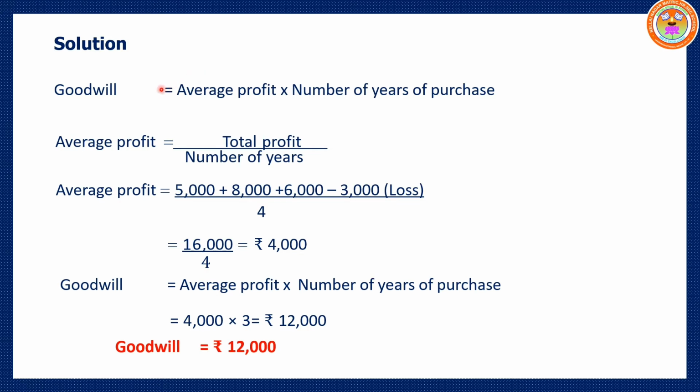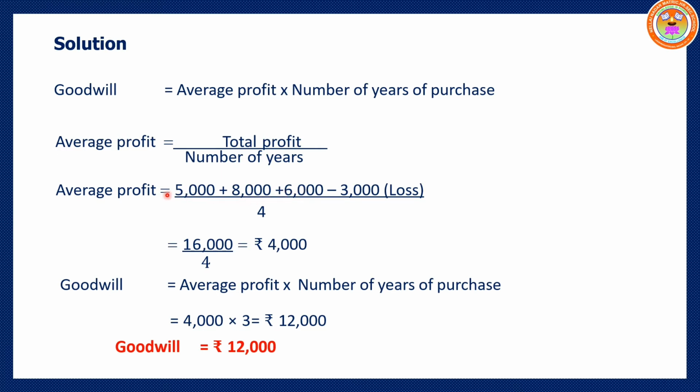Write the formula, because the formula carries step marks. We want to calculate goodwill. Formula for finding goodwill equals average profit into number of years of purchase. How do you find average profit? Total profit divided by number of years. First you have to add all the profits: 2015, 5,000; 2016, 8,000; and in 2018 they made a profit.